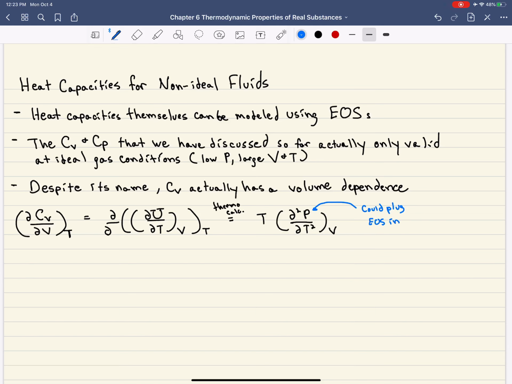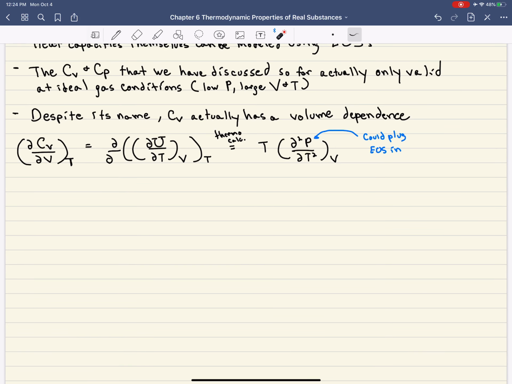The equation of state would be pressure is equal to whatever. Then we would just take the second derivative of that equation of state, multiply it by T, and that would give us the volume dependence of the constant volume heat capacity. Okay? Right, so the constant volume heat capacity is affected by volume.